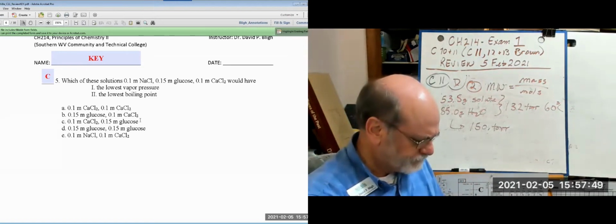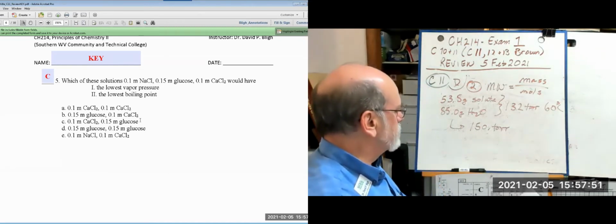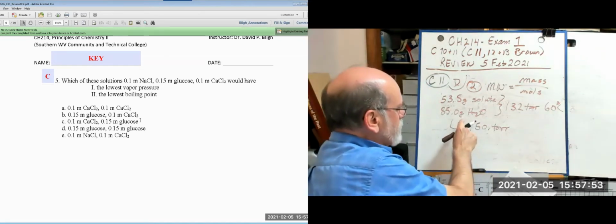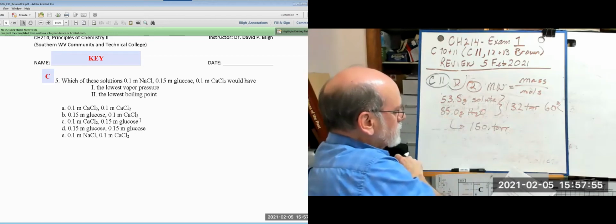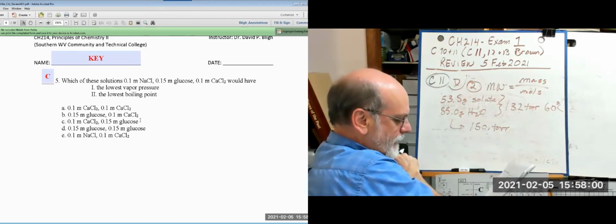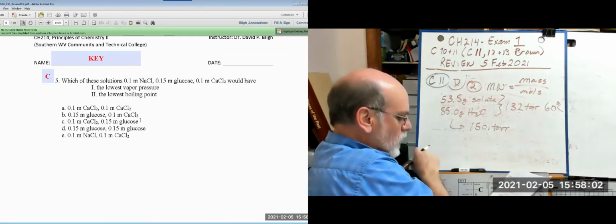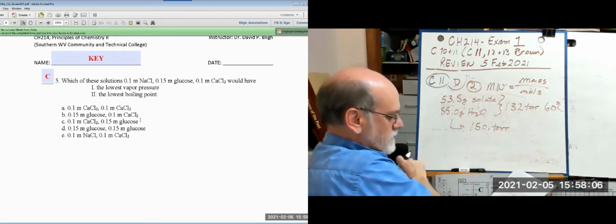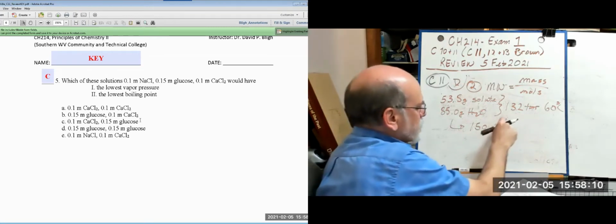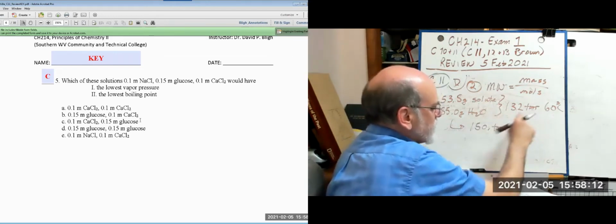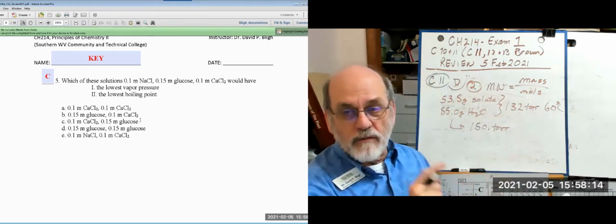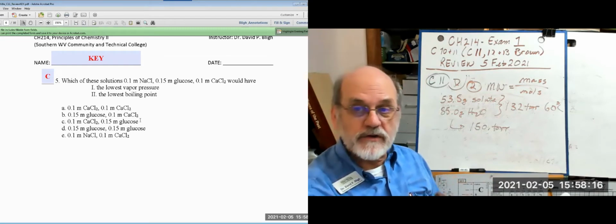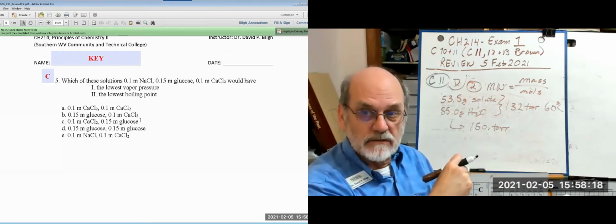Well, if we know the pressure of pure water is this, and its pressure in solution is this, we know the mole fraction of water because the solute is not volatile.